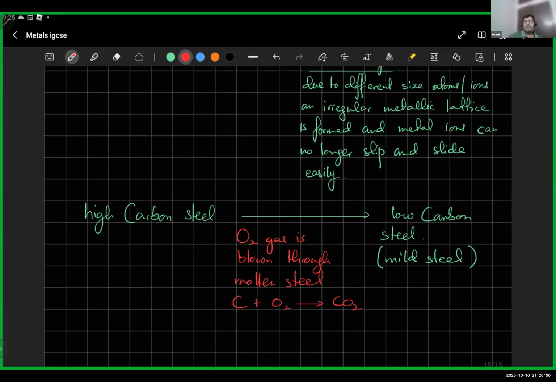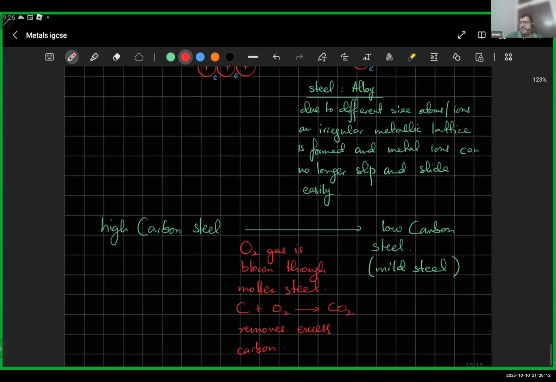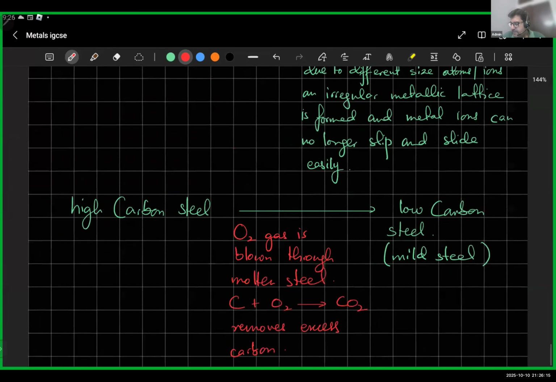So it's going to use up some of the extra carbon. So it removes the excess carbon. Okay. So mild steel is way more important because you make car bodies. It's more flexible. It's more malleable. It's more ductile.